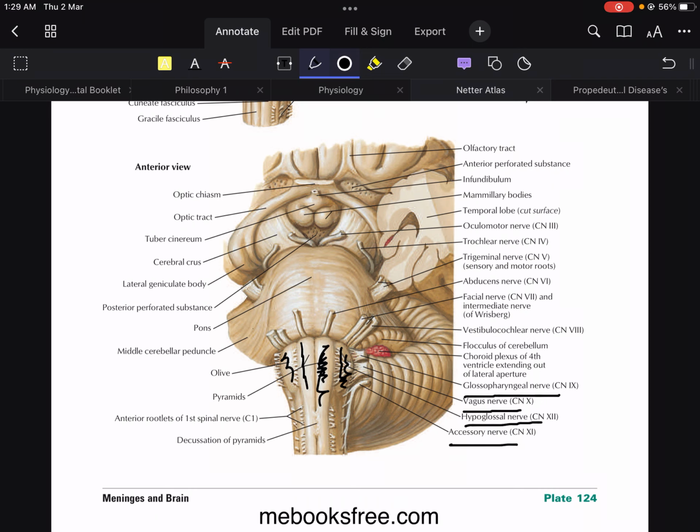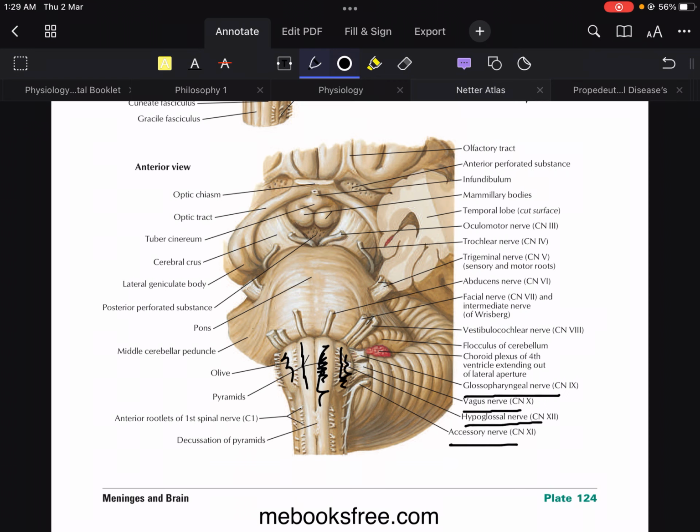Okay, the last four cranial nerves exit from the medulla oblongata. The 12th one exits between the pyramid and olive, and the 11th, 10th, and 9th exit from the posterior part of the olive. Okay, what about the others?